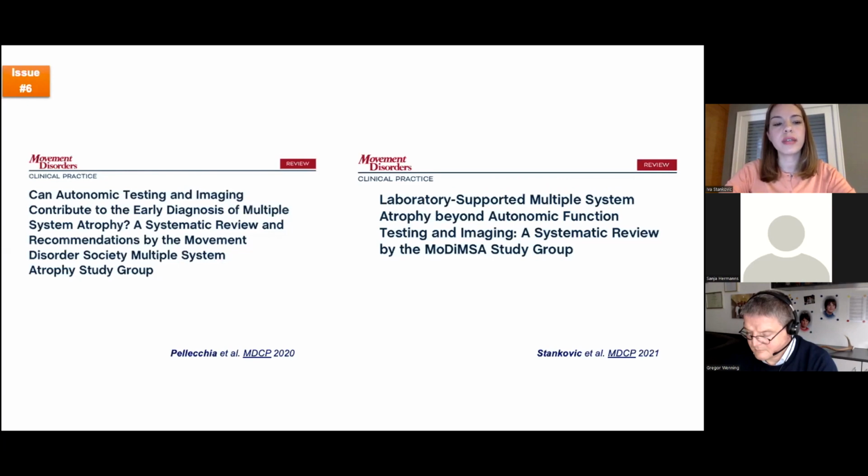One focused on autonomic function tests and imaging and how they contribute to the early diagnosis of MSA, and the other focused on other diagnostic tools and their usefulness in the diagnosis of MSA.